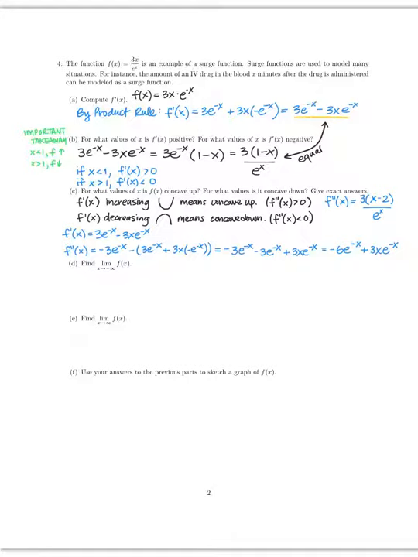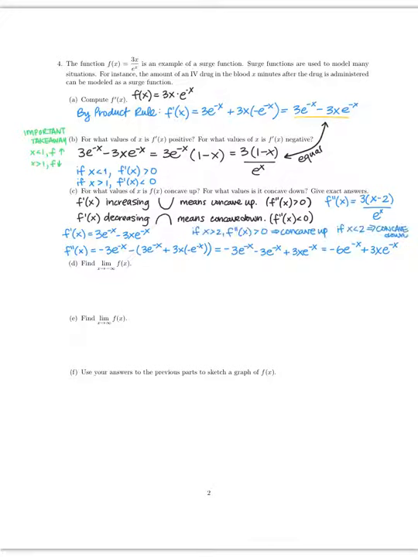And so similar to how we answered b, if x minus 2 is positive, this whole thing will be positive. If x minus 2 is negative, this whole thing will be negative. So for us, in order for this to be positive, x needs to be greater than 2. In order for it to be negative, x is less than 2.